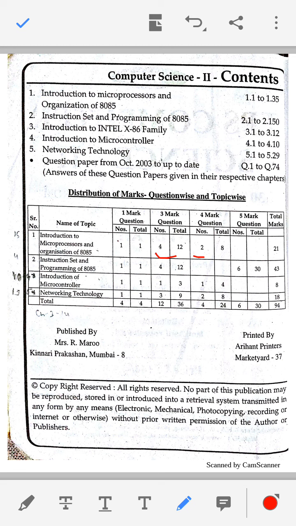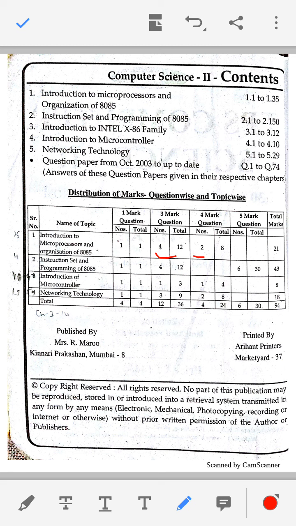As you might have seen the paper pattern in 11th, question number 1 has 4 questions, 1 mark each. Question number 1B has 3 questions, out of which you have to attempt only 2 questions, of 3 marks each. Then question number 2A, again 3 questions. You have to attempt only 2 questions, 3 marks each.